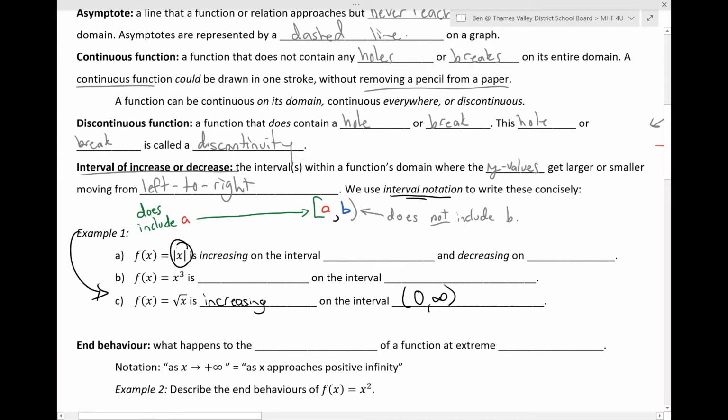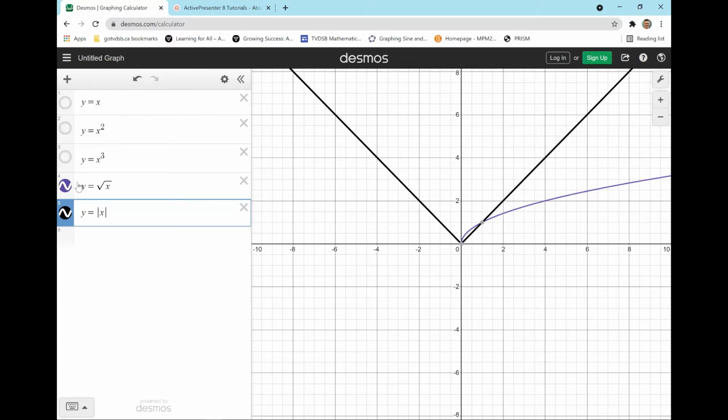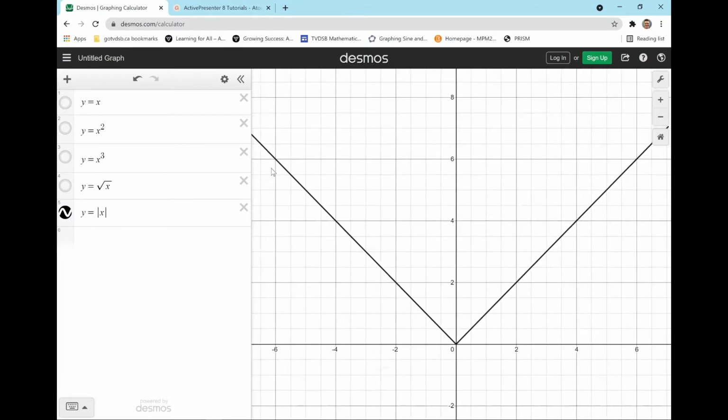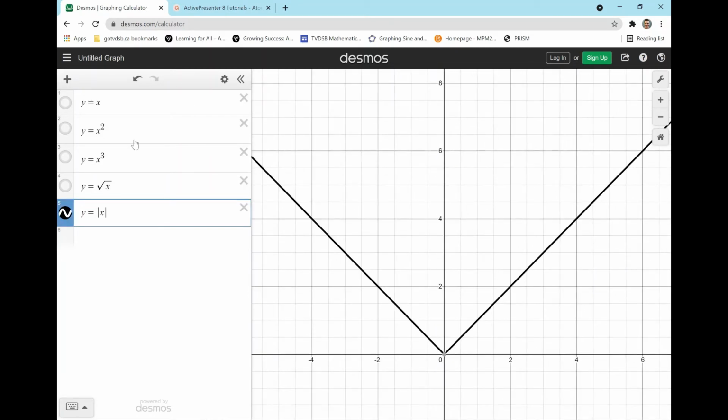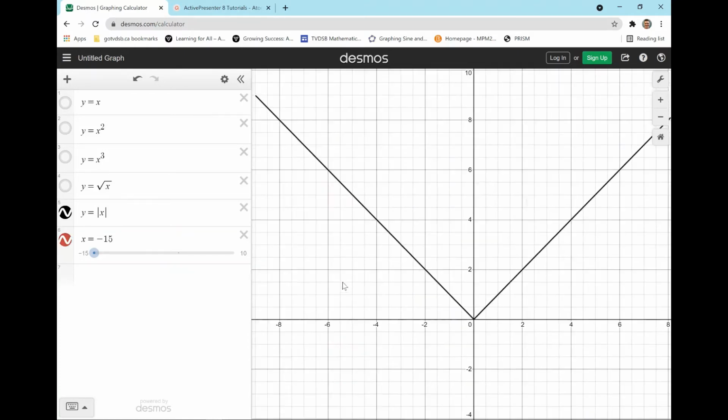Now, let's take a look at our absolute value function. So our absolute value function, we'll put that into Desmos. And we see here, if we look from left to right, so let's try creating a vertical line that slides for us.